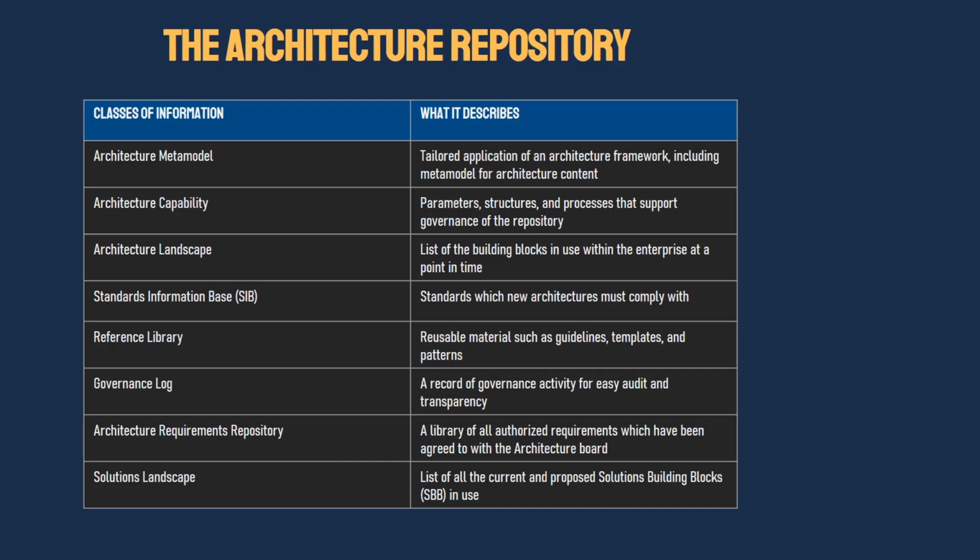The architecture requirements repository is a library of all authorized requirements which we have agreed to with the architecture board. And finally, the solution landscape is a list of all the current and proposed solution building blocks that are currently in use in an organization.